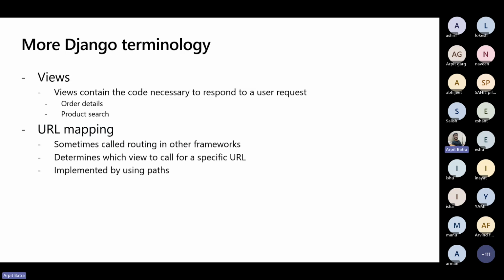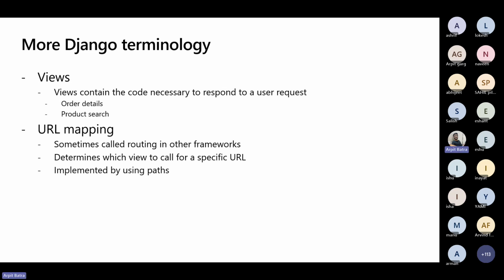Now we go for more Django terminology. It has two main things. The first one is views, and the second thing is URL mapping. The view contains the code necessary to respond to a user request.